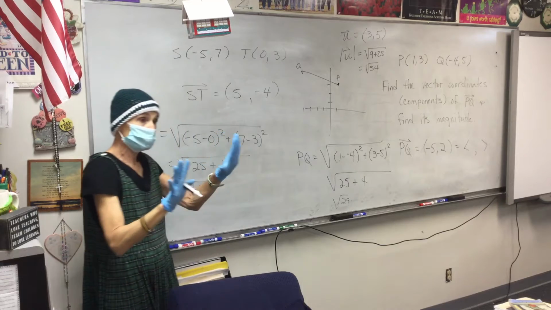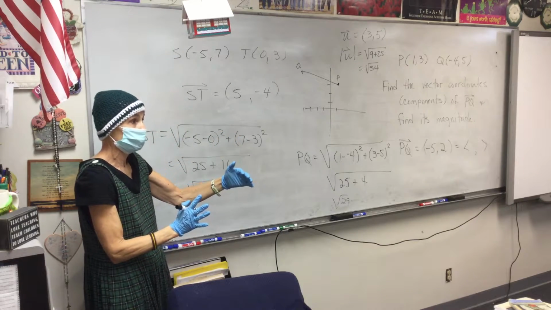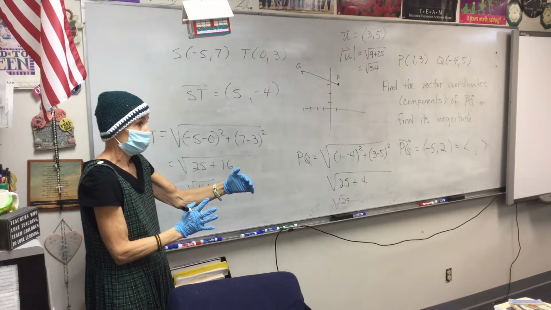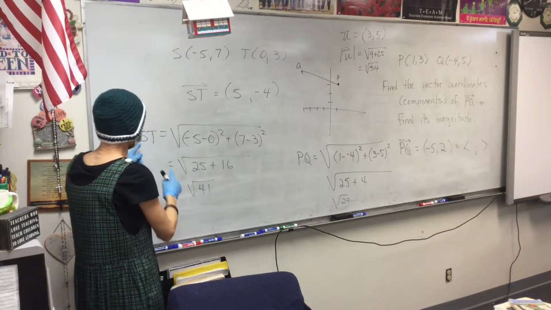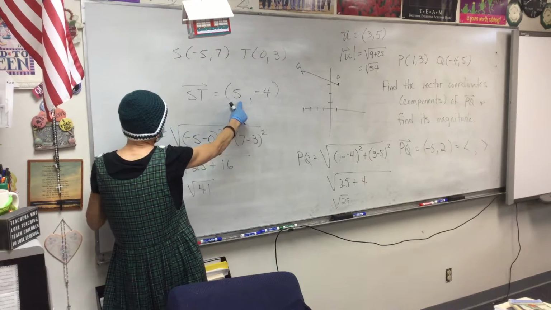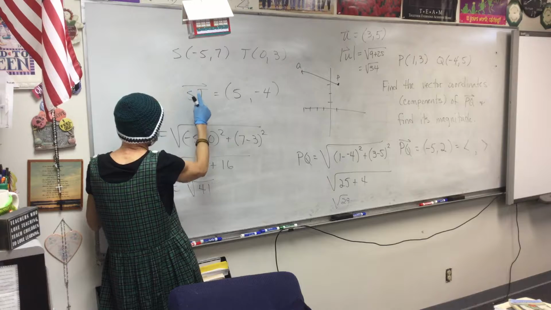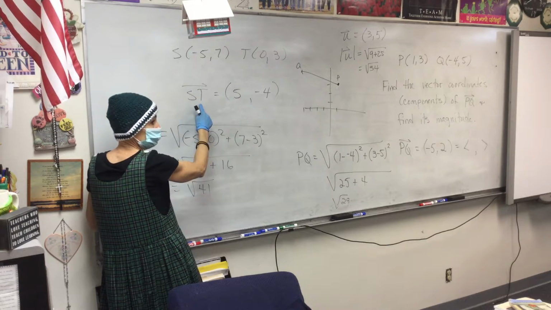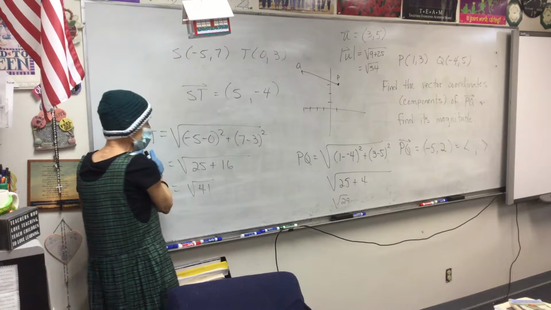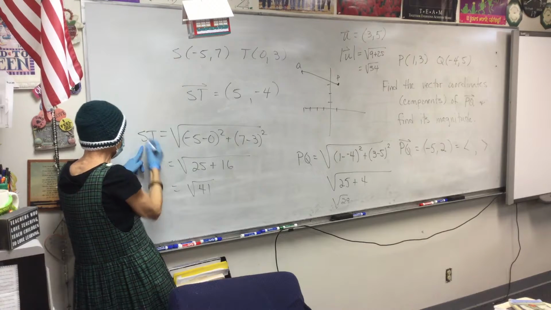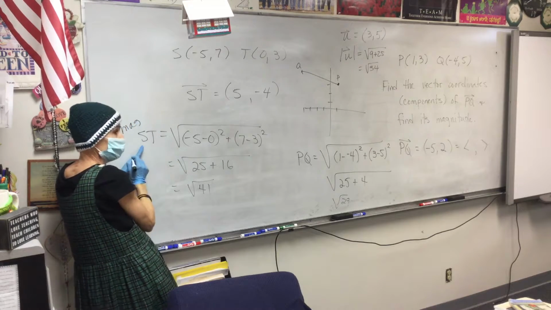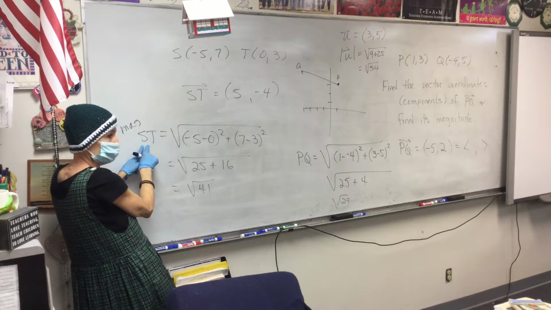Now I've used a couple of notations. I've snuck some stuff in that we need to talk about. Notice when I wrote my coordinates, I said vector ST. But when I did my distance formula to find the magnitude, notice what's missing.